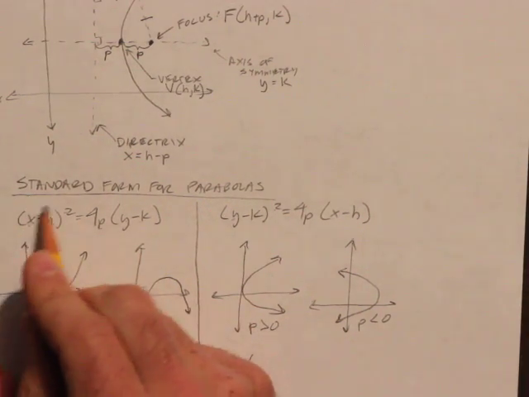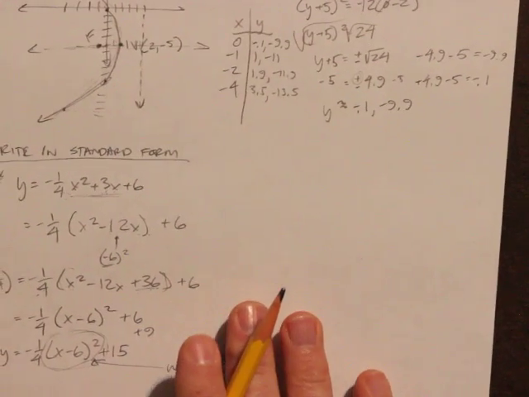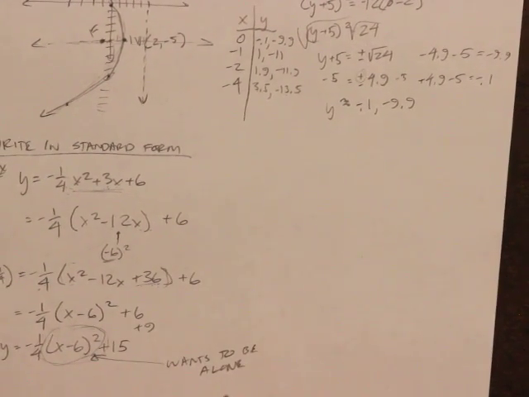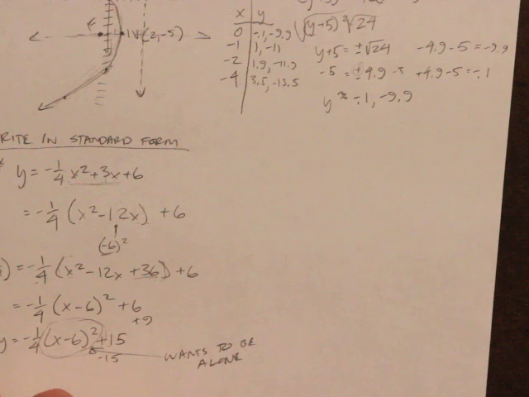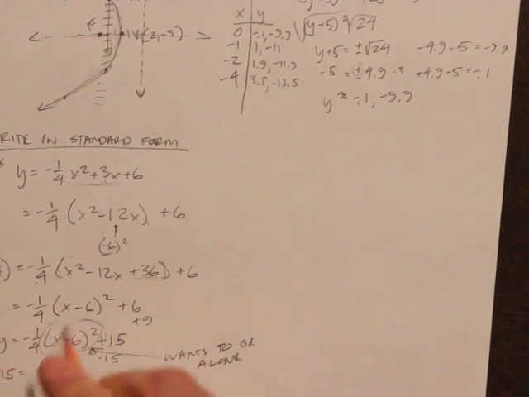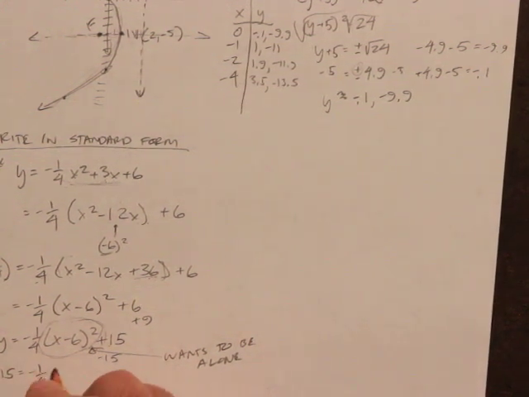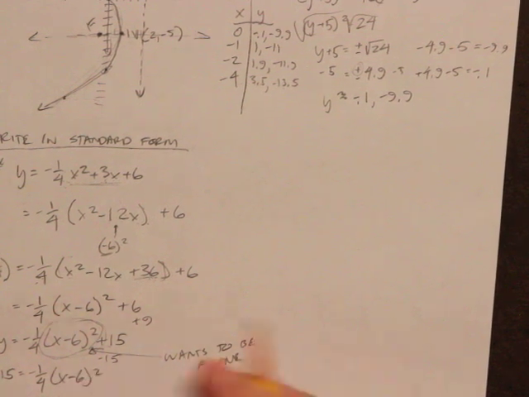So the part that's squared wants to be by itself. So let's let it be by itself. What I need to do here is subtract 15 from both sides. So I've got y minus 15 equals negative 1/4 times x minus 6 squared.